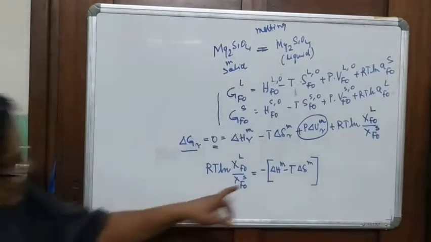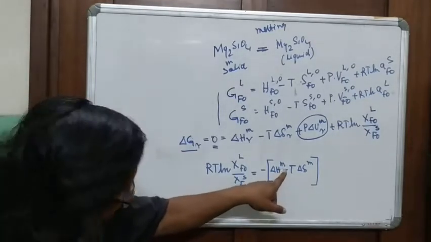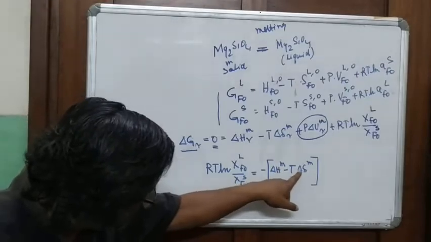We will have the delta enthalpy of melting, obviously of the pure phase, and delta S of melting.